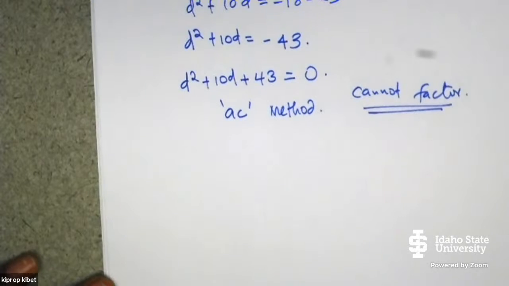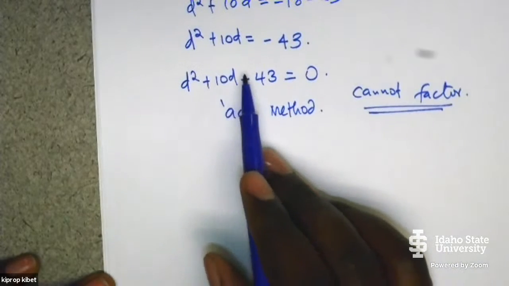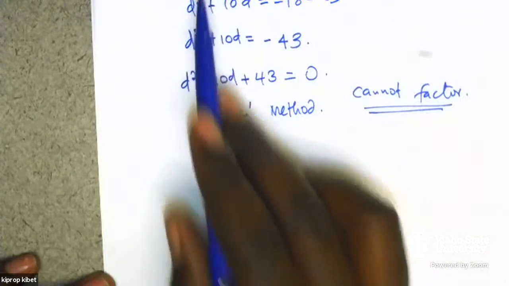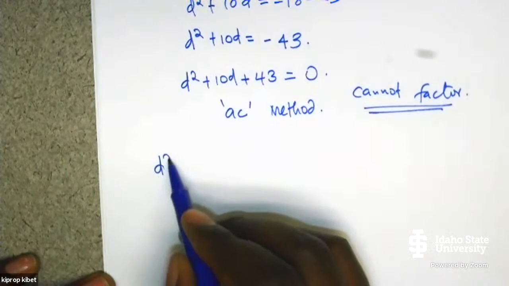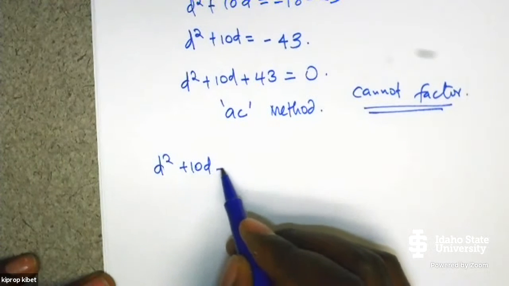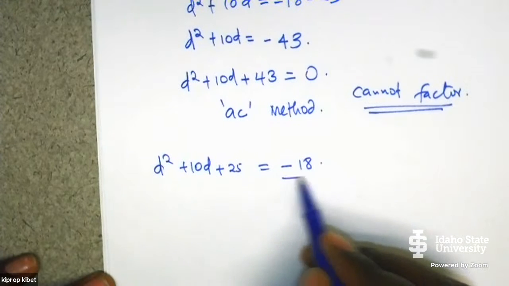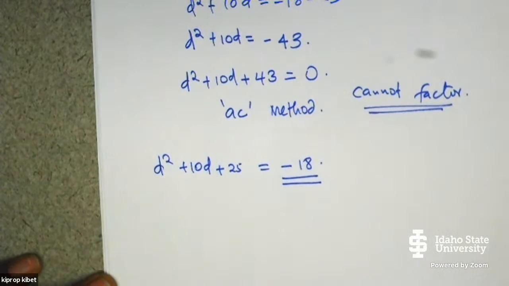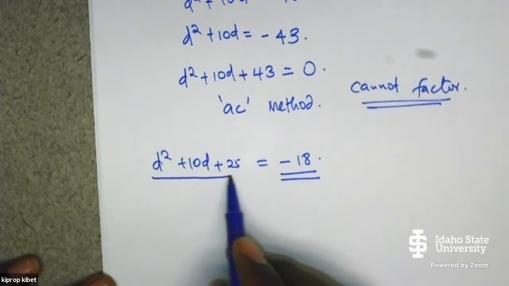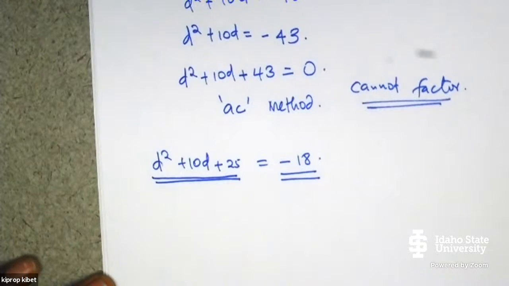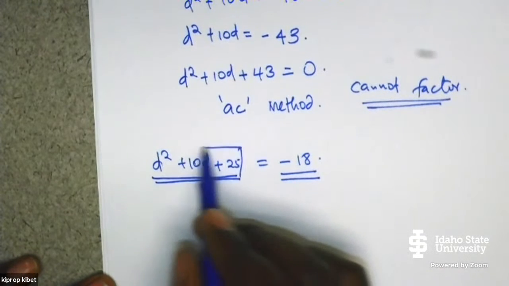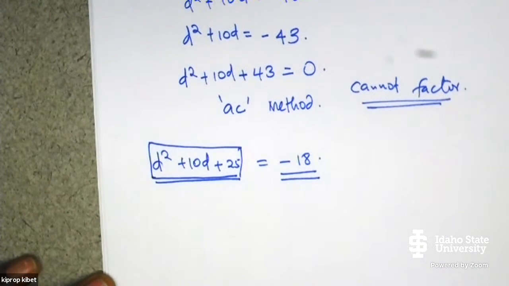So what you do here is, you can say now d square plus 10d plus 25 equals to minus 18. But here, if you look at this side, we can actually factorize this, right?